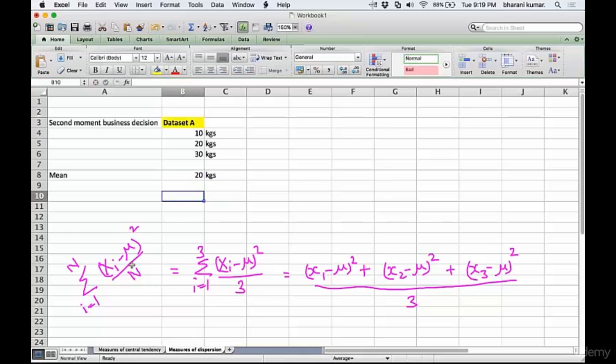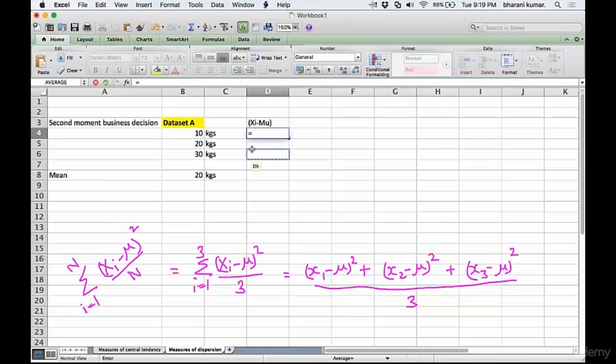Now let us calculate xi minus mu. So go here, it is xi minus mu. Xi, that is x1 here, x1 minus mu is 10 minus, this is your mu.